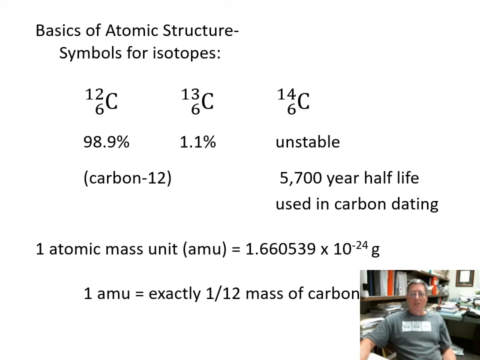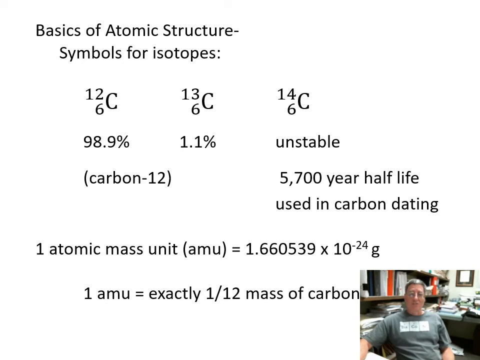And so about 99% of carbon is carbon-12, about 1% is carbon-13, and then there's the radioactive carbon-14. Radioactive means it will decay and give off radiation. And so when it does that, we can measure that.